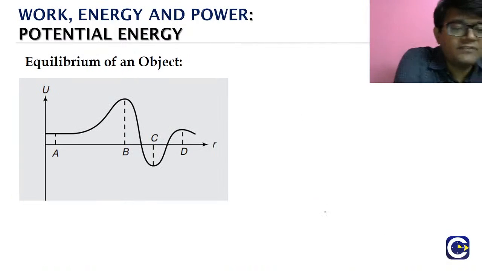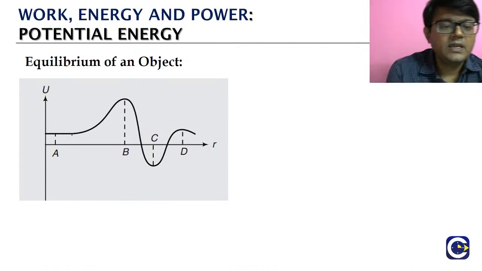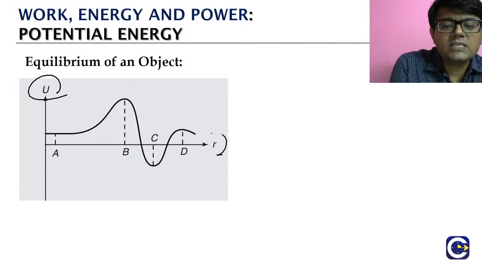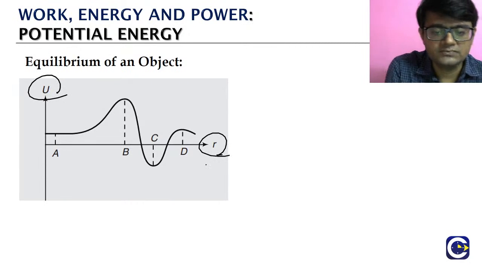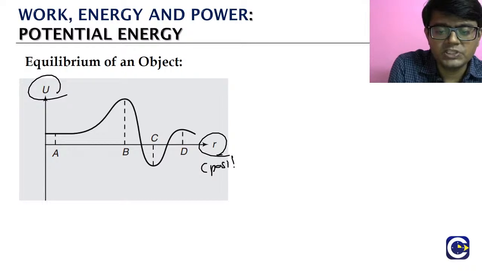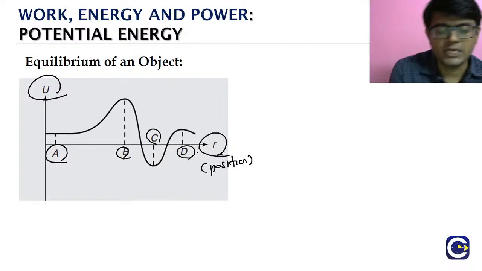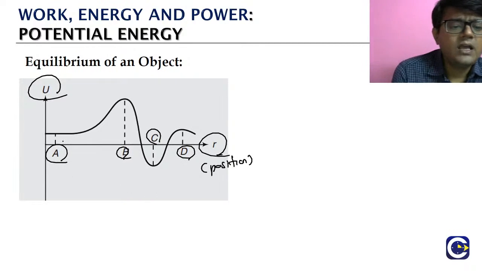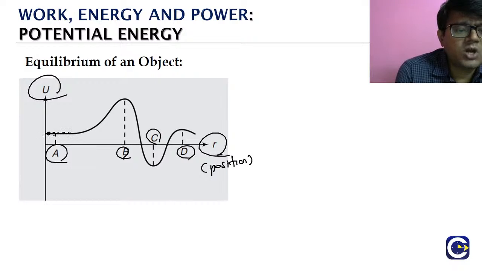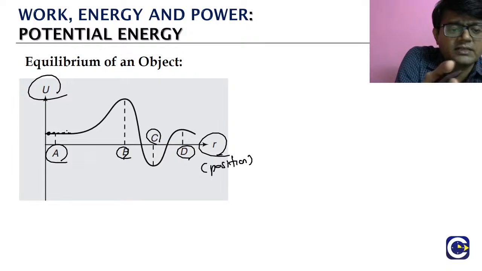Now let us analyze this graphically. Here we have a potential energy function with respect to position, so R is the position. We have marked points A, B, C, D. Tell me, what is point A? In that region the graph is almost like a horizontal line.